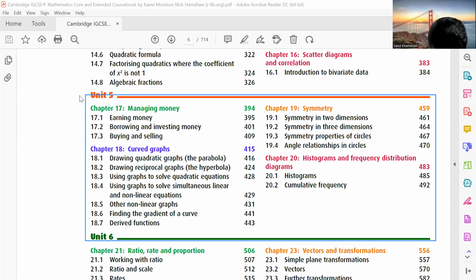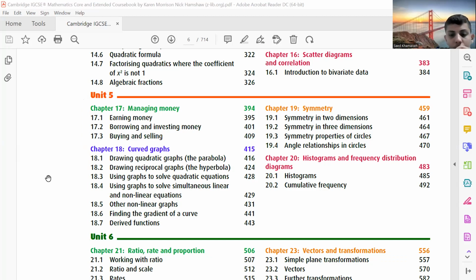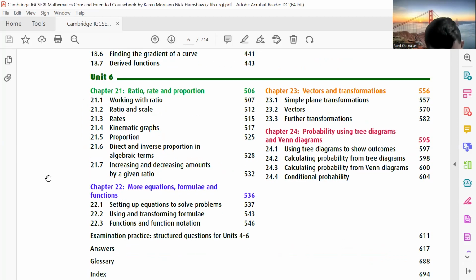Somehow this will be hard. When we talk about symmetry, histograms and frequency distribution diagrams, then we go to talk about the last unit, which has something that is somehow hard.